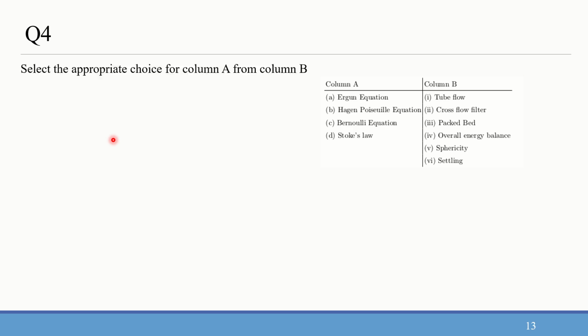So in question 4, select the appropriate choice for column A from column B. So what do we have in column A? We have Ergun equation, Hagen-Poiseuille equation, Bernoulli equation, Stokes law. On column B, what we have is tube flow, cross flow filter, packed bed, overall energy balance, sphericity and settling.